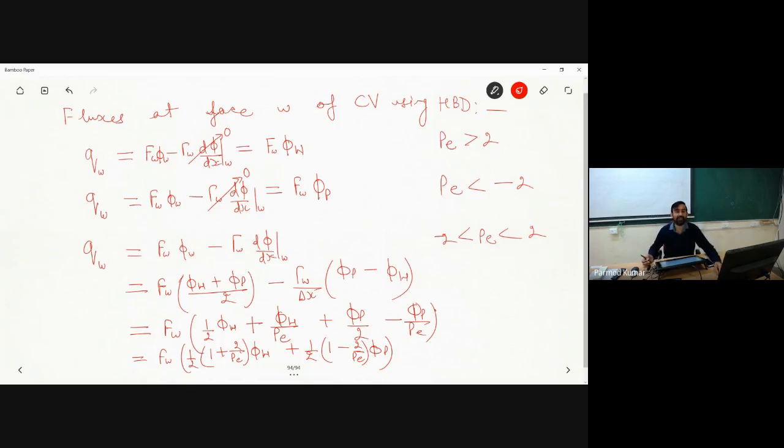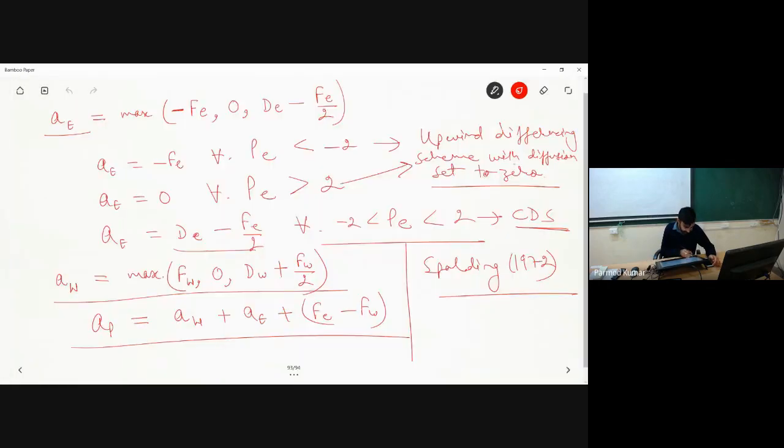If you calculate this flux using nothing but your which scheme? Hybrid differencing scheme. Okay. Now, can you tell me what are the limitations of hybrid differencing scheme?